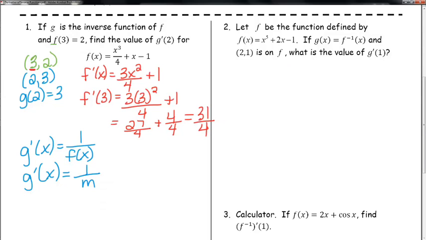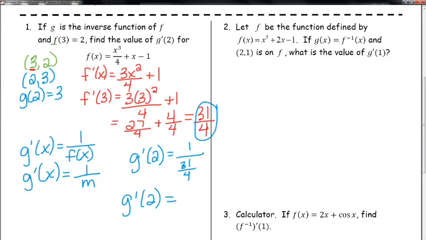In this case, when we talk about inverse, we're just doing 1 over m, not the negative version, just 1 over m. And so this right here is my m, and my g prime of 2 is going to be 1 over 31 over 4. So that means g prime of 2 is just the reciprocal, 4 over 31.